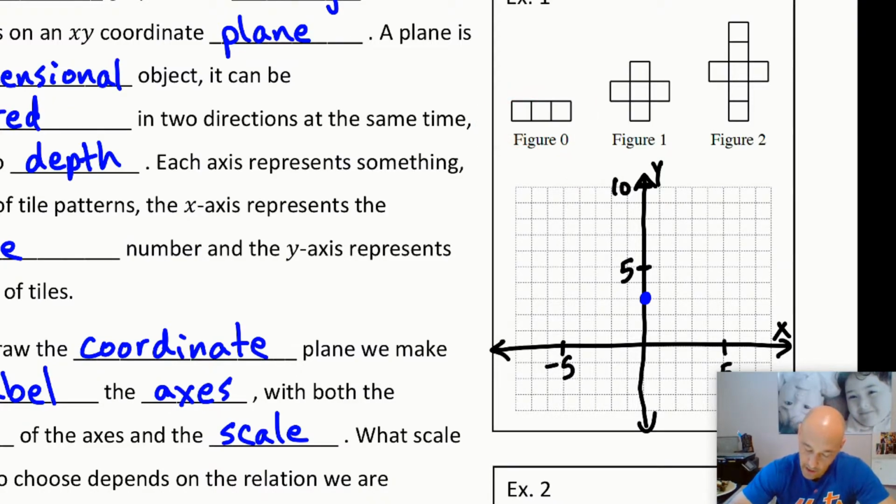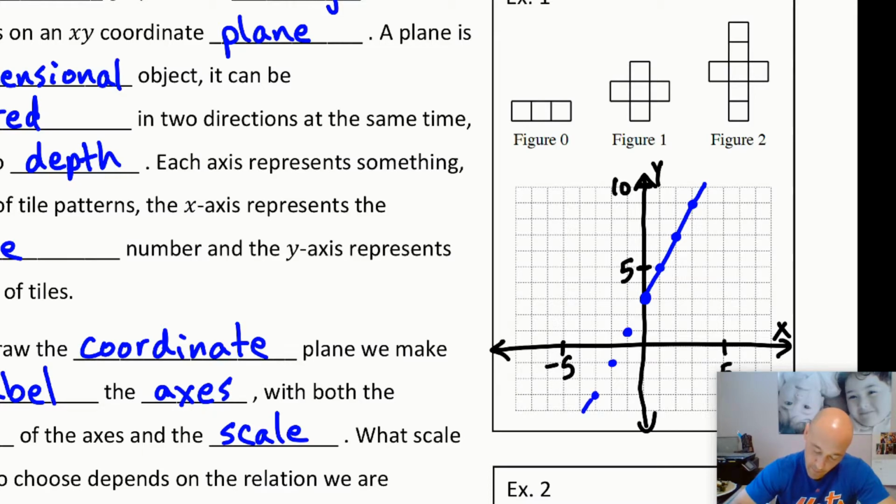Now figure 1 has 5, figure 2 has 7, figure 3 has 9, and we could continue on like that. And then we put in a line connecting those, and we can also continue in the other direction. Here we were going to the right one, up 2, so we go to the left one, down 2, and we can continue that way.